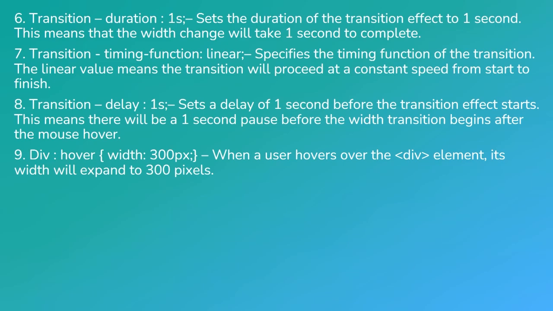This means that the width change will take 1 second to complete. 7. Transition-timing-function: linear specifies the timing function of the transition. The linear value means the transition will proceed at a constant speed from start to finish.